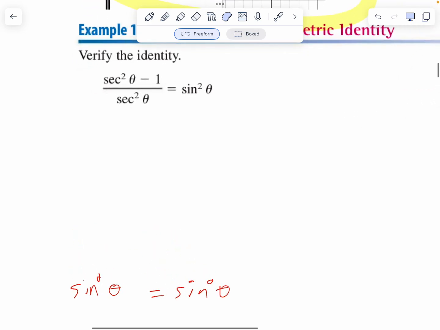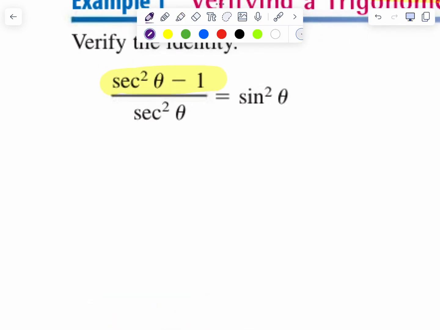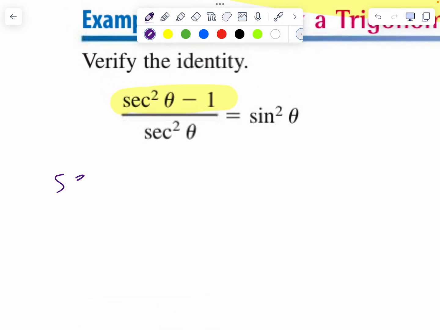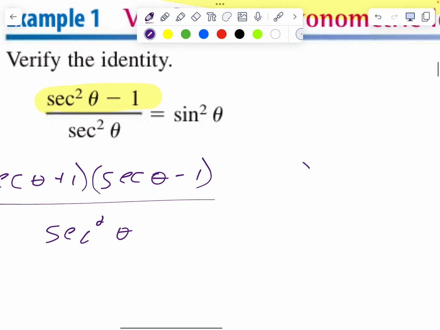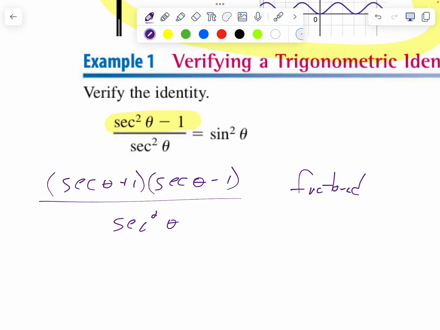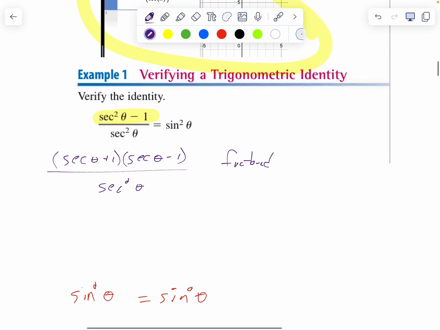Sometimes, and you've never really done this before, you try something and it won't work. So I'm going to try something. That's factorable. That's secant theta plus 1 times secant theta minus 1, all over secant squared theta. I saw an opportunity to factor, so I factored.